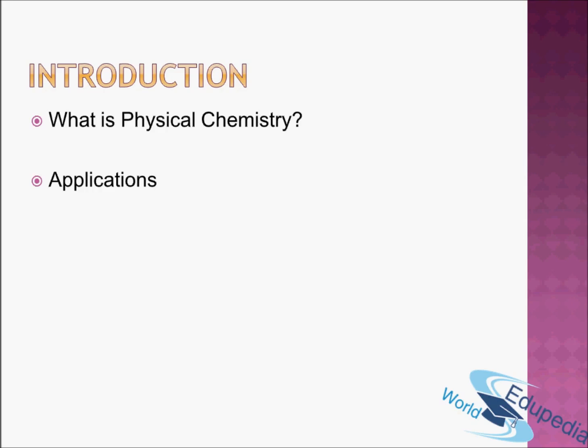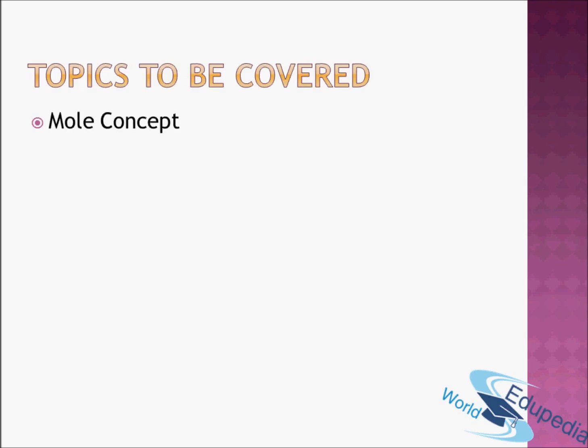So now, since we have a basic idea of this, let's see what we'll cover in this session and in the coming up course. So first we'll obviously start with mole concept and then atomic structure. These are the basic topics of your physical chemistry, as they give you a deeper understanding of what atoms and molecules are, and how do we quantify them, and how do we calculate those quantities.